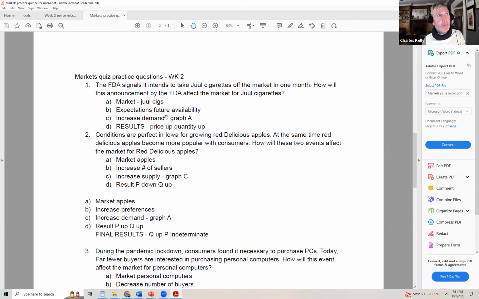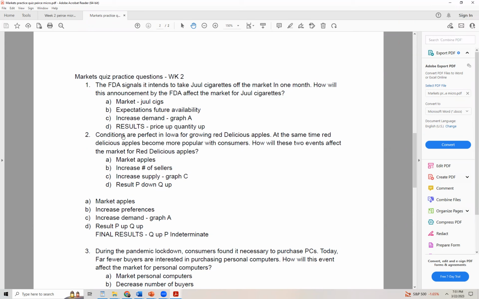Is that going to affect demand or supply? If conditions for growing apples are just amazing. Supply. Correct. Okay, good. Then the second one says they become more popular with consumers. Is that going to affect demand or supply? Oh, demand. Correct. So we've got an event that's going to affect supply and an event that's going to affect demand.